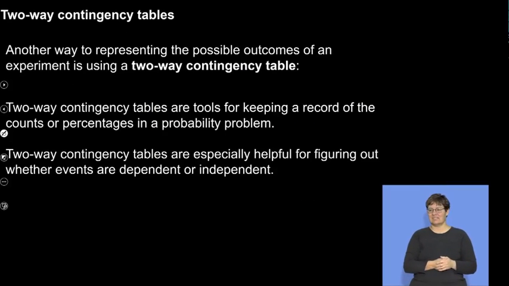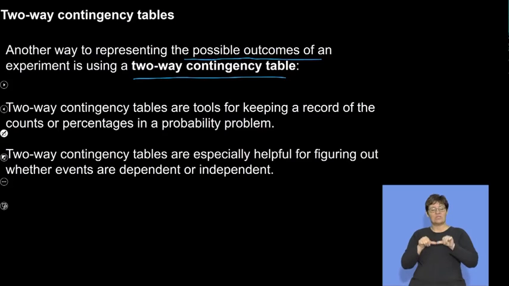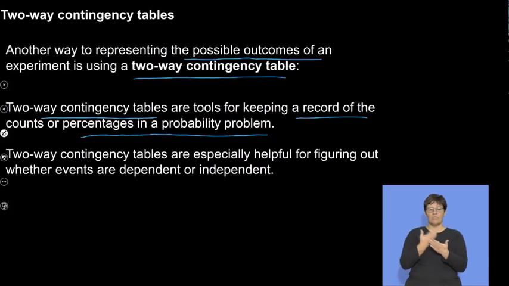So, another way of representing possible outcomes of an experiment is using a two-way contingency table. Two-way contingency tables are tools for keeping records of counts or percentages in probability problems. You probably have seen that.